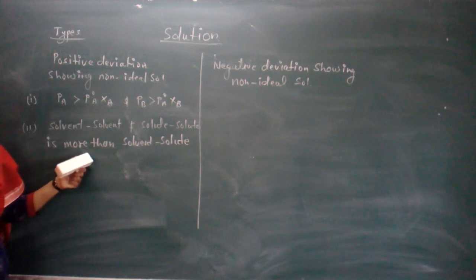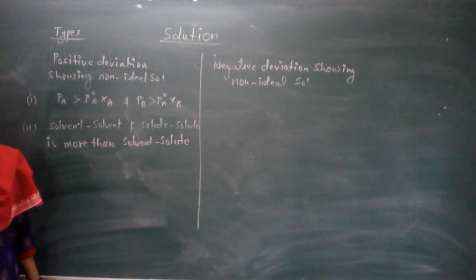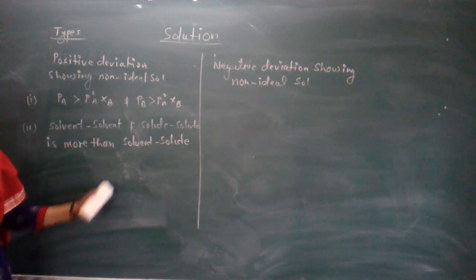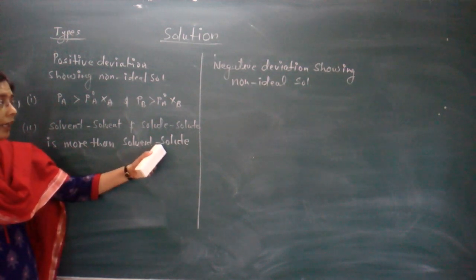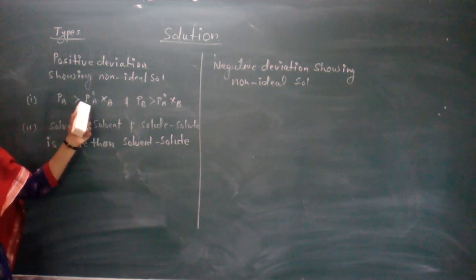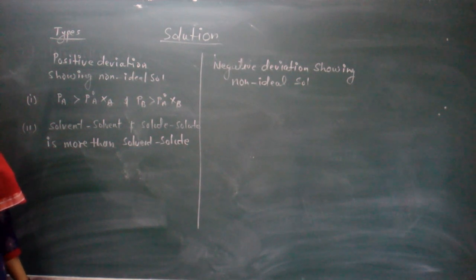It is the main cause why the solution shows positive deviation from Raoult's law. In that condition the vapor pressure of solvent is expected more according to Raoult's law, that is PA greater than P naught A XA.